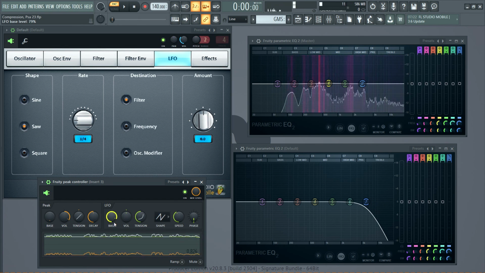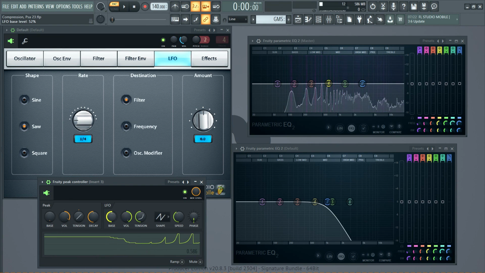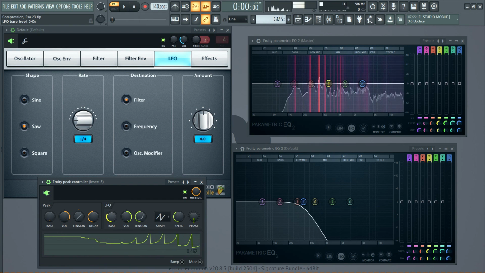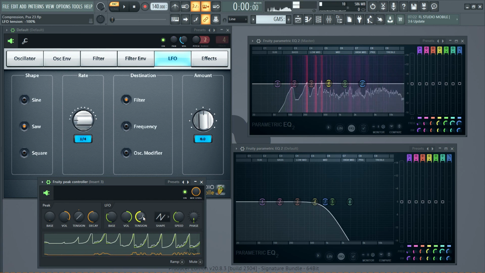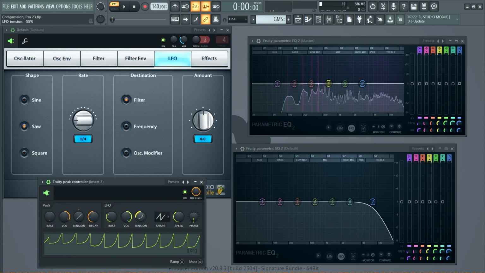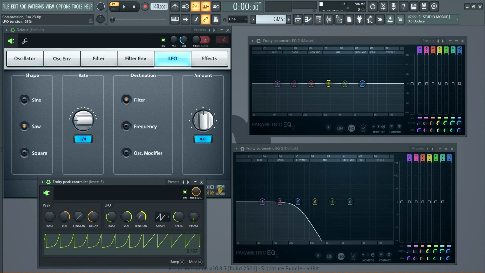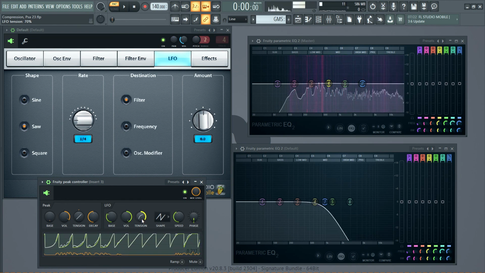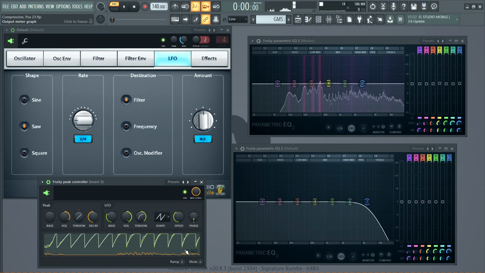So you're going to see here, I'm going to move this down. It's going to make the filter cutoff go up and then quickly come back down. And in this context, how I would change that is tension. Tension controls how fast or slow it goes back down when you use Fruity Peak Controller. And you can see the shape of the wave changing right here.